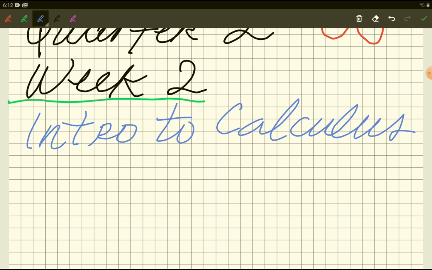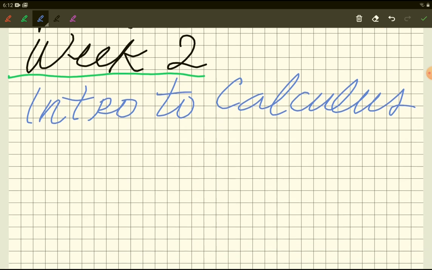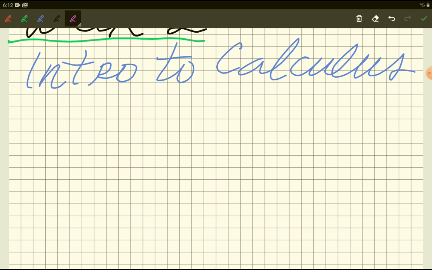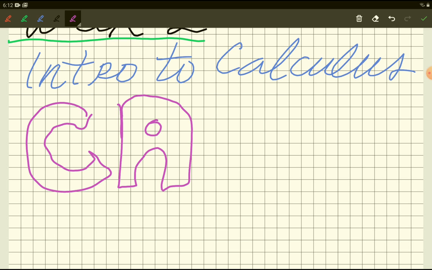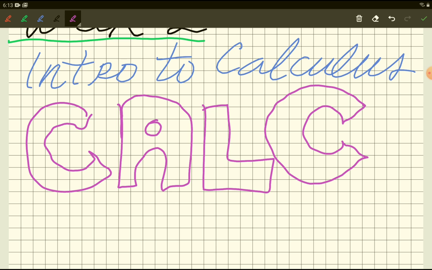You can just put a big fat "Calculus" in your notebook. You get the idea.